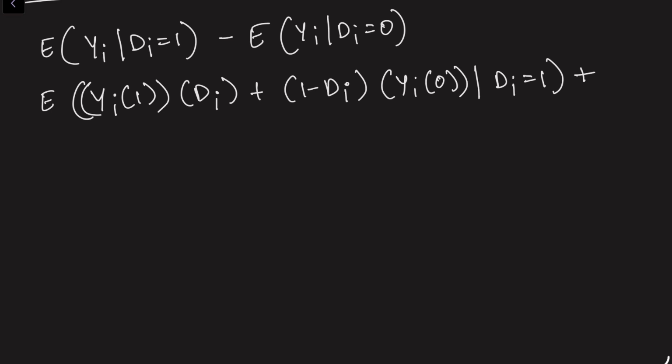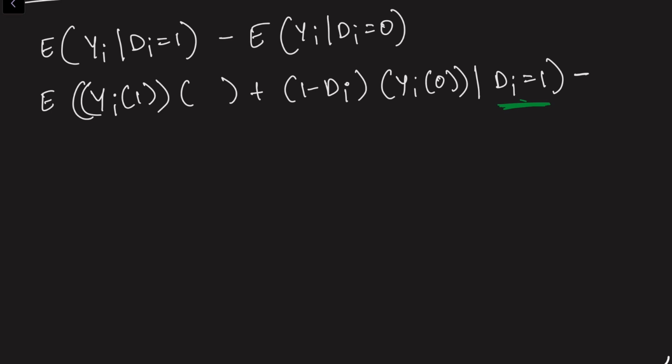And I can subtract to it the second term. But before that, let me just shorten this first term. So firstly, you can see clearly that di is equal to 1. So let's just substitute that.